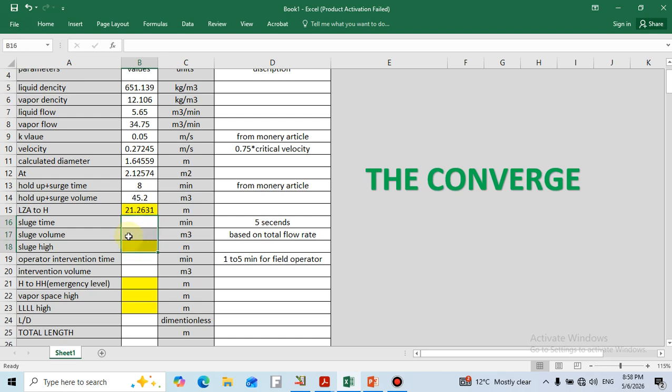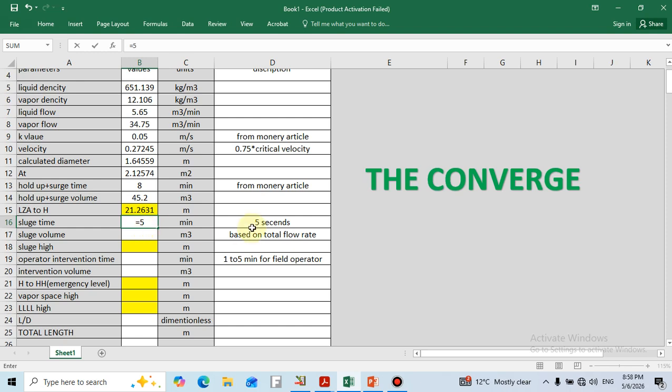You can skip this part if your feed that goes into the vessel is a single phase. If it's totally liquid or vapor, you can skip this part and jump into the part that I will talk about later. But in this case, we have a two-phase flow.